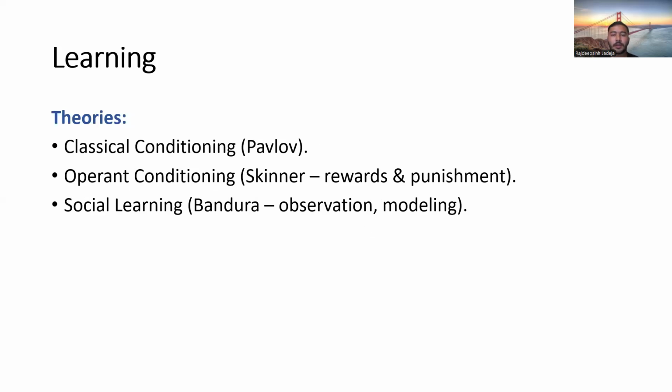Now the learning. Organizational learning is also a part of organizational behavior. Here are some theories given by management scientists about learning. A very famous theory is classical conditioning, which is given by Pavlov. Classical conditioning is a very true and very practical theory.